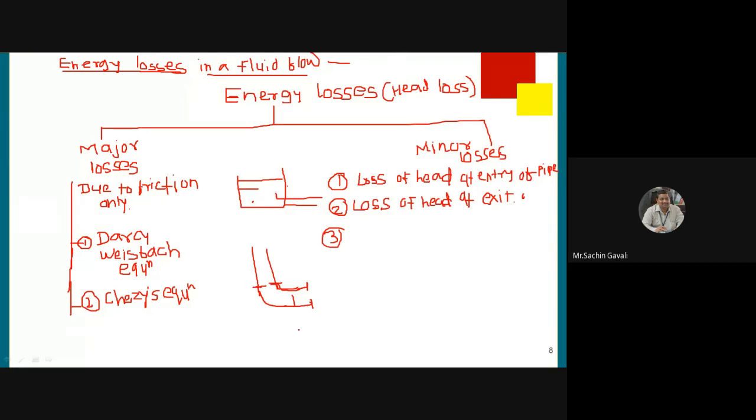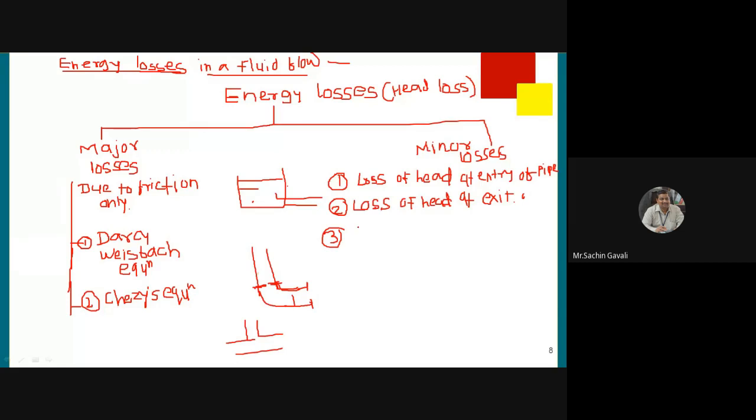Different pipe fittings we can use: a pipe bend, a T, then elbows. Due to the use of these pipe fittings, some losses occur in the pipeline.